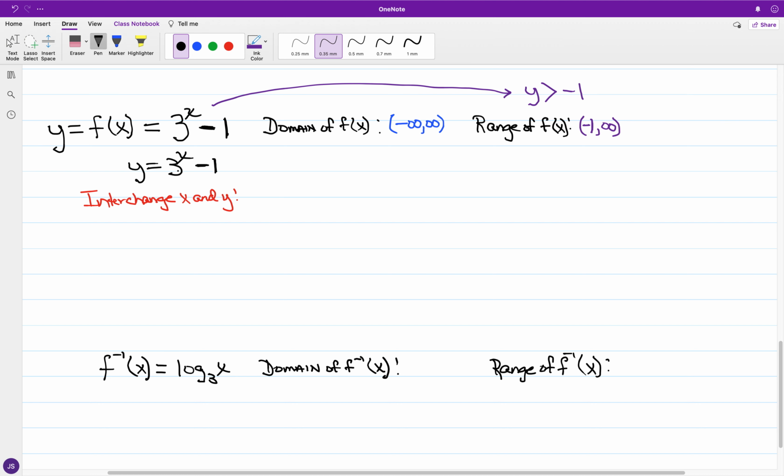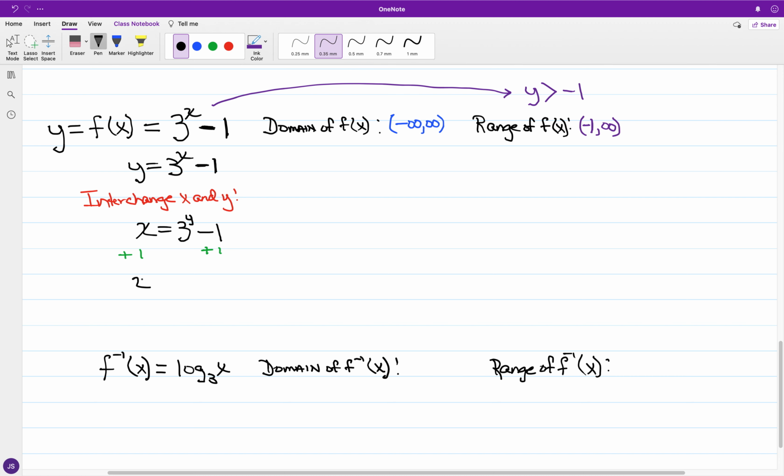And then crossing over to interchanging x and y, you have x is equal to 3 to the y minus 1. So again, we still have the exponential base at 3, and we will eventually apply the base 3 logarithms on both sides. But I'm going to have the y term situated by itself, so I'm going to move this 1 by adding to both sides.